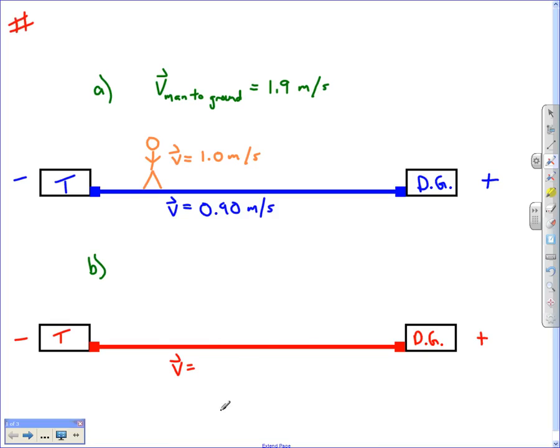Because the sidewalk is moving towards the terminal, its velocity is similar, very important wording in the problem, but not the same. So it's going to be 0.90 meters per second, but in the negative direction.